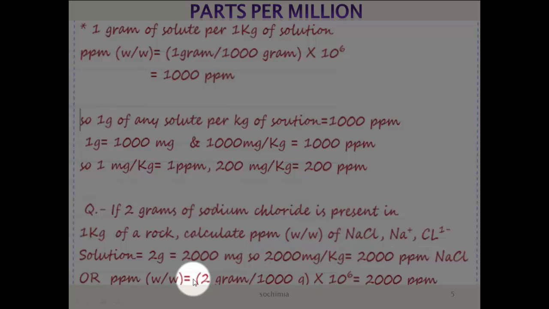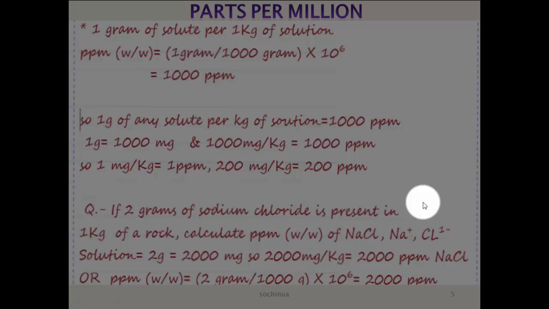The other way around, we can also calculate by using the formula: ppm weight by weight equals mass of solute in grams divided by mass of solution, times 1 million, which equals 2000 ppm. This is how we can calculate ppm values of any given solution if both solute and solution are given in mass.